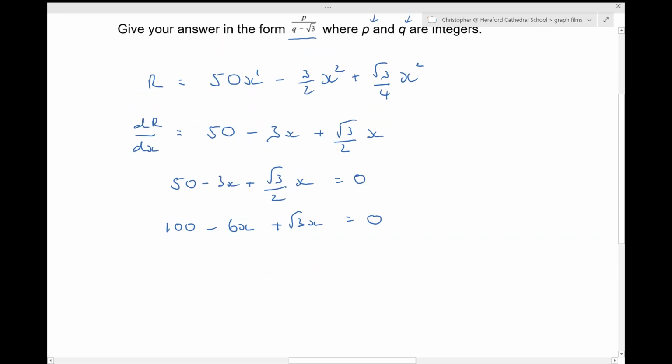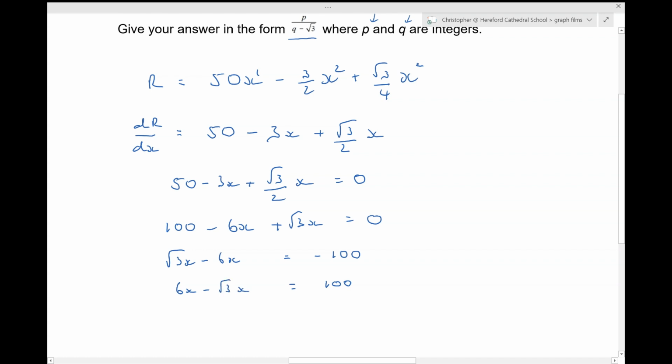Okay, let's stick everything with an x on one side. So I've got root 3x minus 6x here equals minus 100 there. Okay, now let's change the sign left and right. Multiply this side by minus 1 and multiply that side by minus 1.